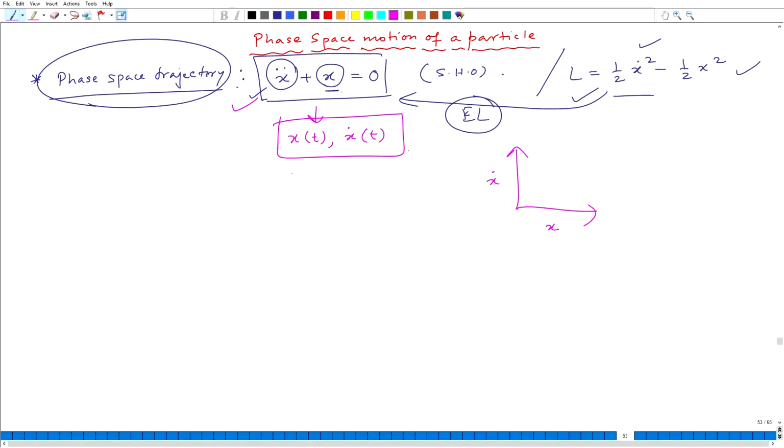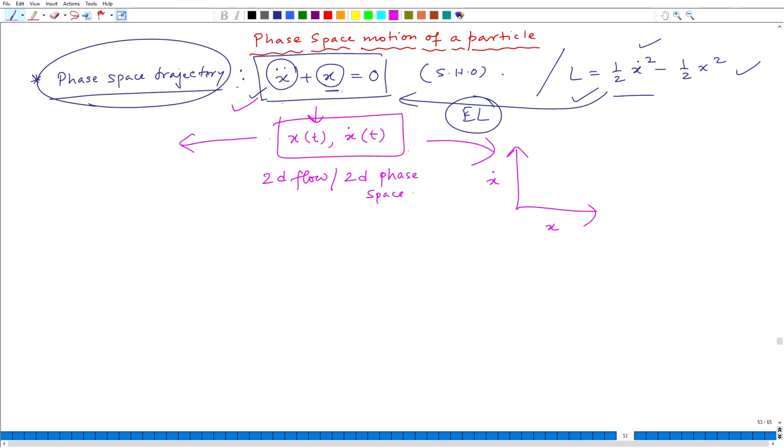Now, here I am talking of a 2D flow or 2D phase space. So, in general I have to do this, and then from that I can do this. But once again I have a shortcut method, and you will easily understand what that is.